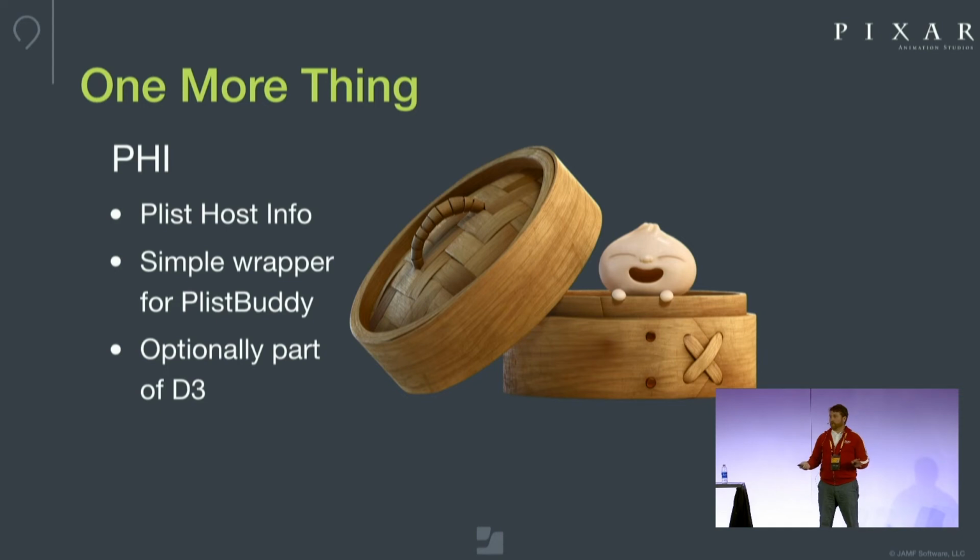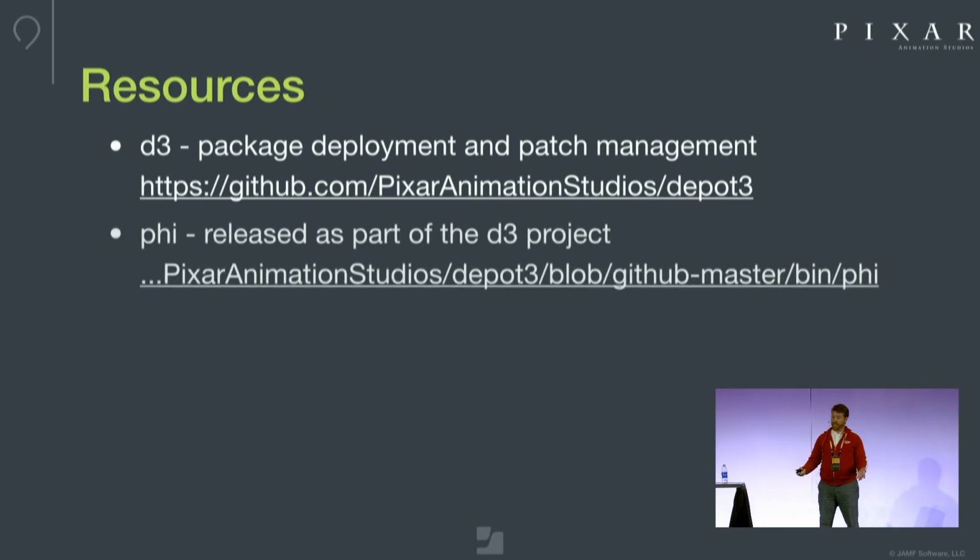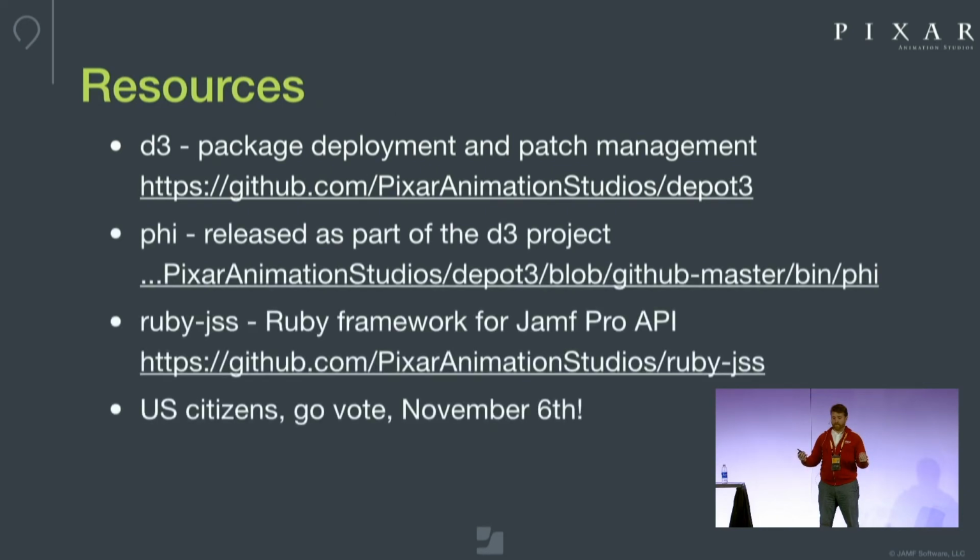But regardless of that, you can go download just Phi and use it independently of D3 and have fun with that. And so here are those links again. I'll just leave these up. The top one is D3. The lower one is a long URL, but you can tell where it's truncated, and you could follow the breadcrumbs to get there.